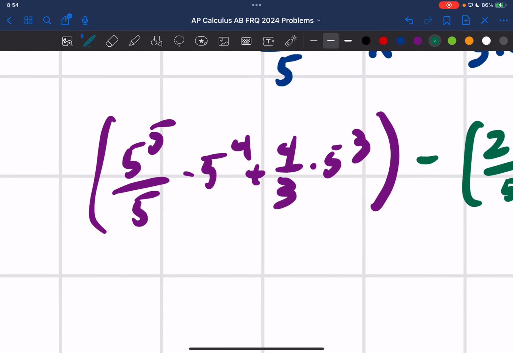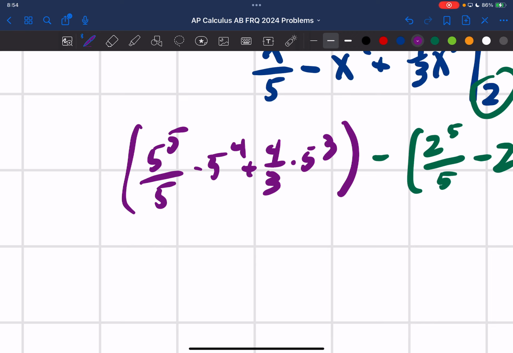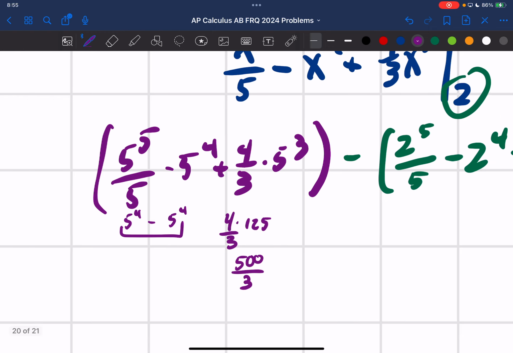Now, if I focus on the purple right here, notice that this is the same as 5 to the 4th, and this is 5 to the 4th, and those are being subtracted, so those just cancel out. So that's nice. And then we have 4 over 3 times 125. So that's basically, I'm just doubling 125 twice. So that means we have 500 over 3 for this part in purple.